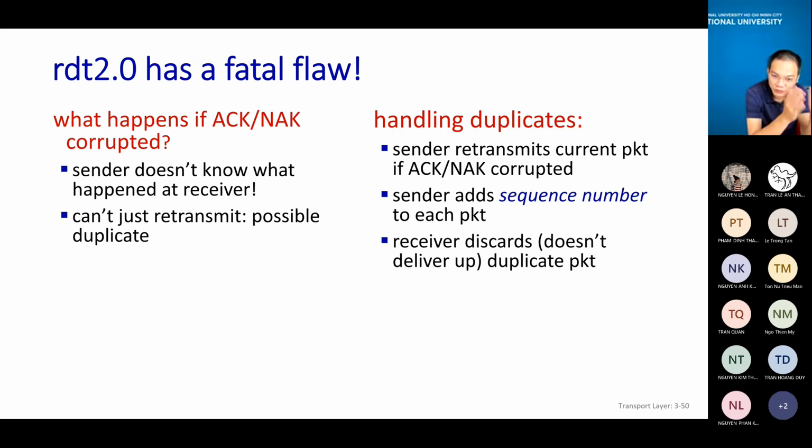In 2.0 we assume that the data packets are sometimes corrupt, but we didn't consider this situation: when we send the ACK and NAK back to the sender, there is a chance that the ACK or NAK will be corrupted, because the NAK or ACK is also just data. So we cannot deal with that yet.